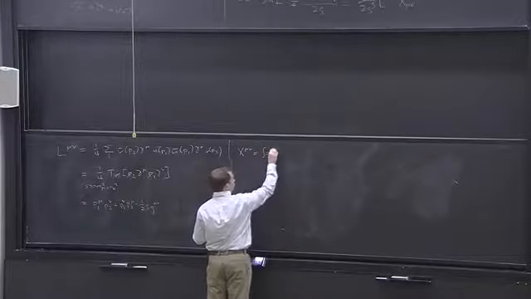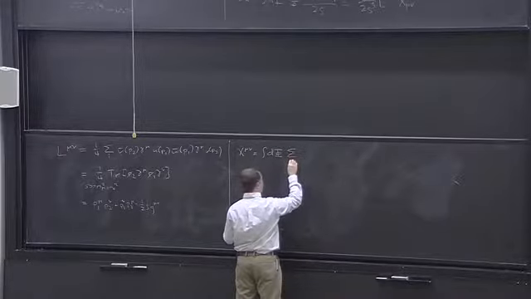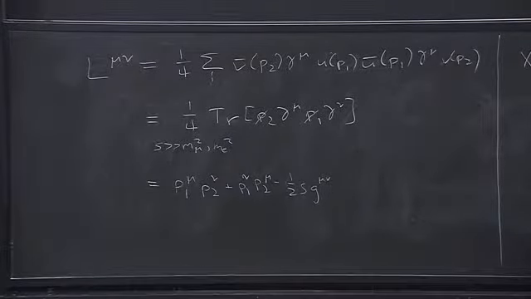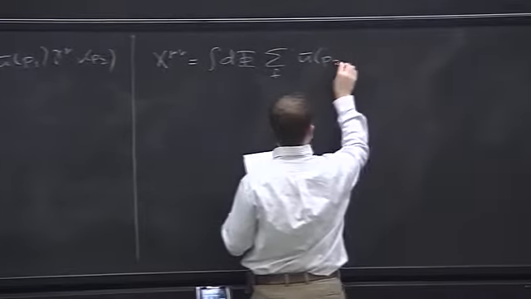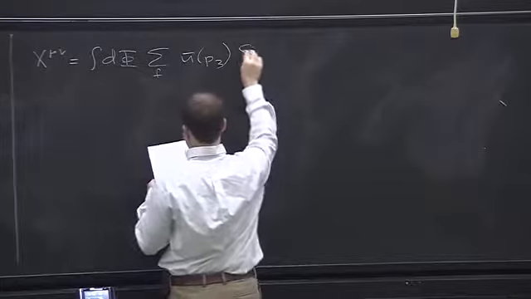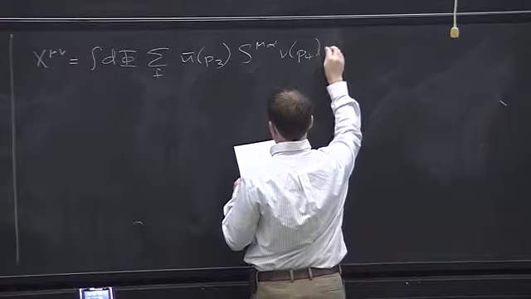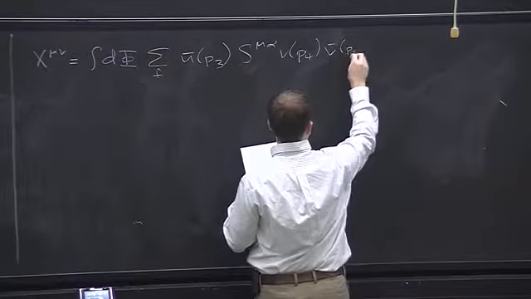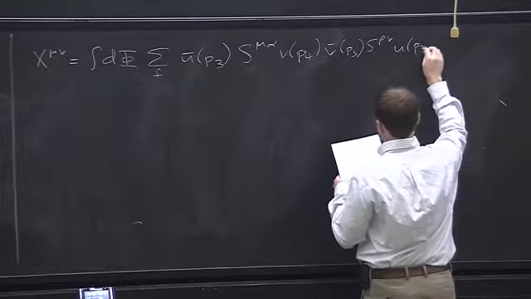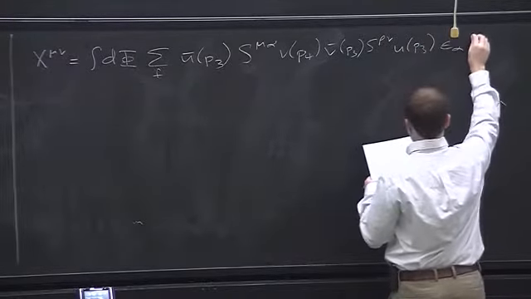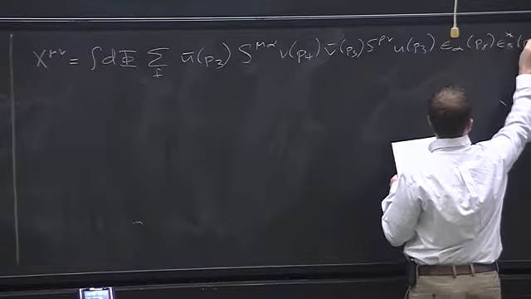X mu nu is the integral over the phase space for the final particles, the sum over the final spins and polarizations. And we've got u bar of p3, S mu alpha, v of p4, v bar of p4, S rho nu, u of p3, epsilon alpha of p gamma, epsilon star beta of p gamma.